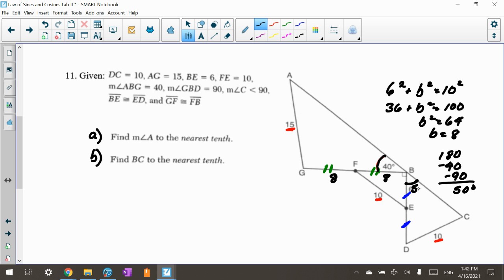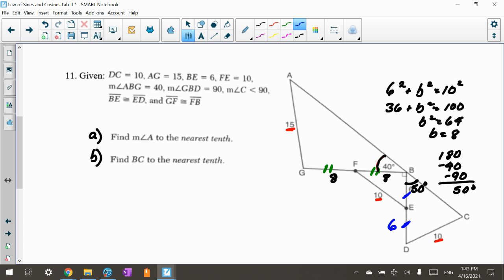That means this angle is 50 degrees because 40, 90, and 50 are a linear pair. Also, if this piece is 6 and it's congruent to here, isn't this piece 6 as well? So this piece is 6, this piece is 6, this piece is 8, and this piece is 8. That's before I even start anything. I know all that stuff.